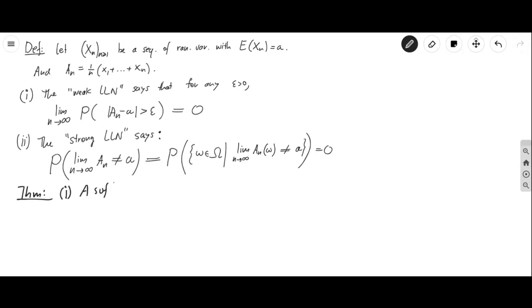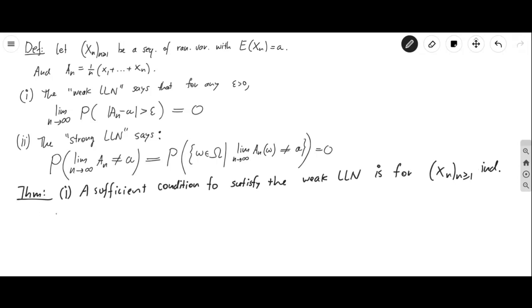A sufficient condition to satisfy the weak law of large numbers is for the sequence to be independent and of uniform bounded variance. So this is what we proved.